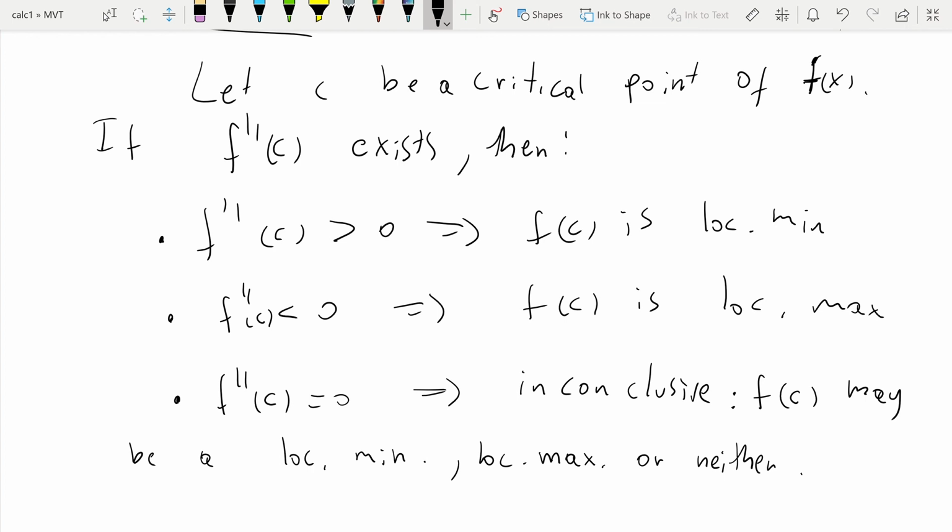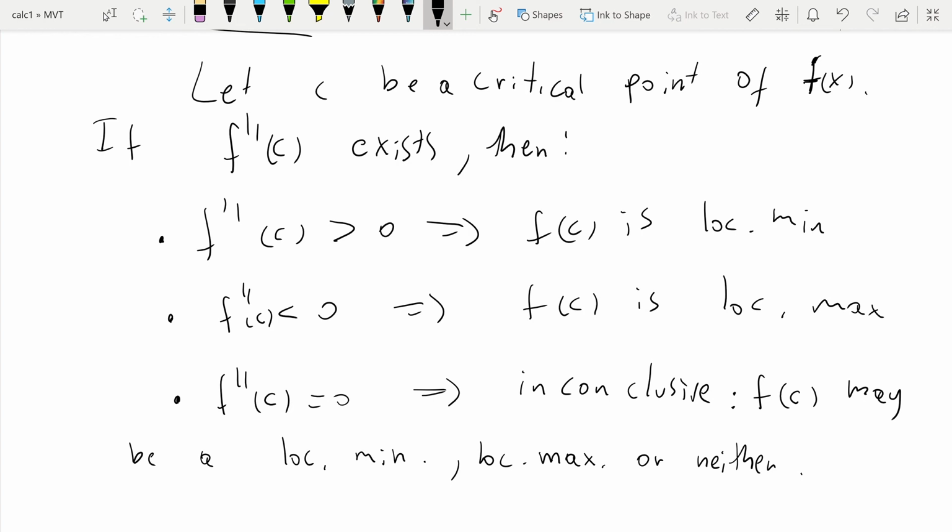If f double prime is greater than 0, it means that the derivative, f prime, is increasing. So if its derivative is 0 at the point, or does not exist, in general it doesn't matter, because you have the first derivative test. But if the second derivative exists, f double prime being greater than 0 at a point means that f prime is increasing.